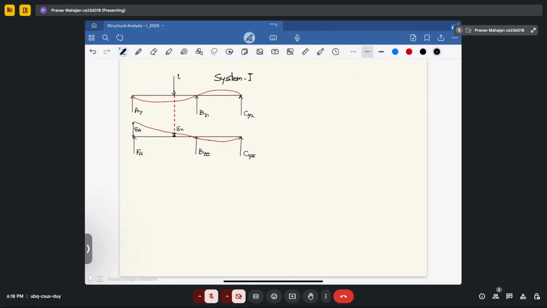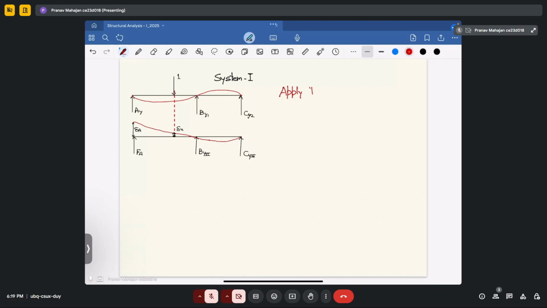Now, as per Muller Breslau principle, if you are expected to calculate the reaction at point A, you will provide a displacement at point A. Let's say we provide the displacement delta A at point A. Due to that, correspondingly we will observe delta X to be the displacement below the load of 1 kilonewton.